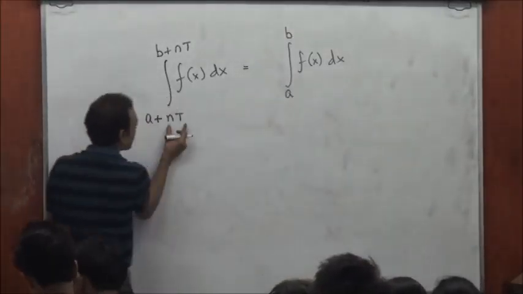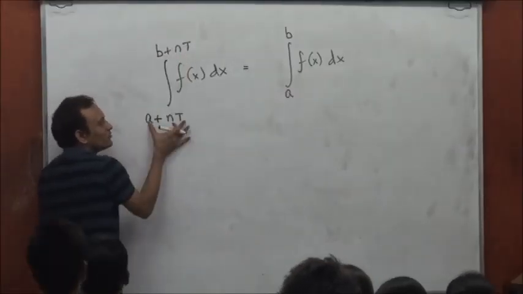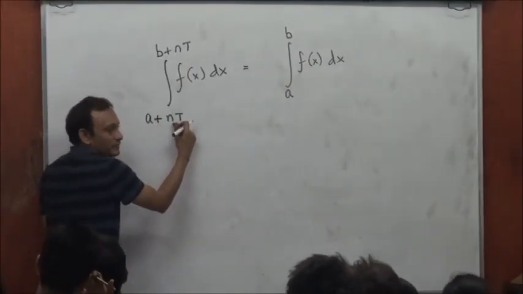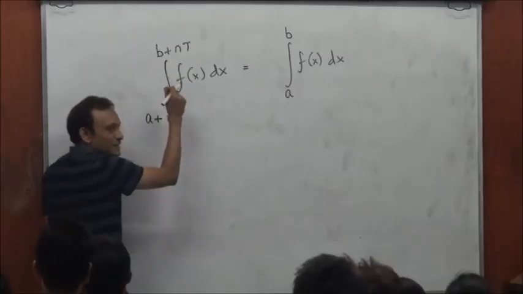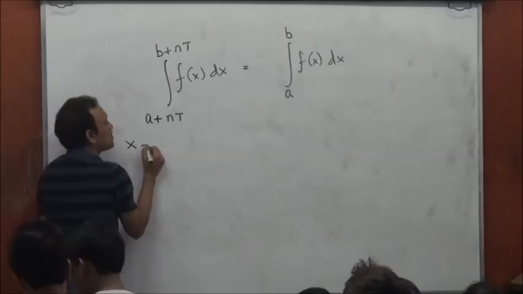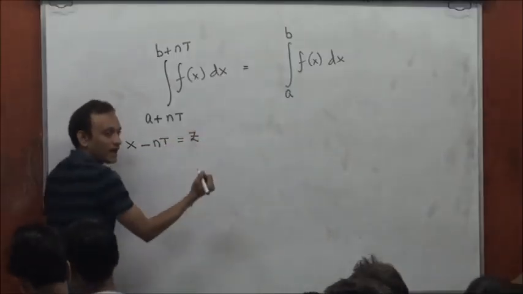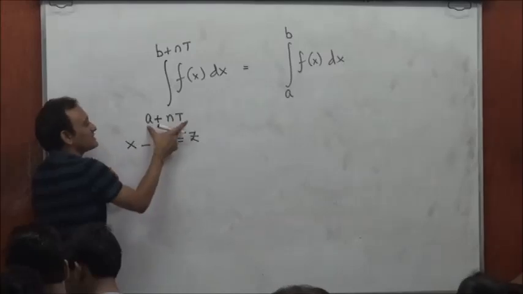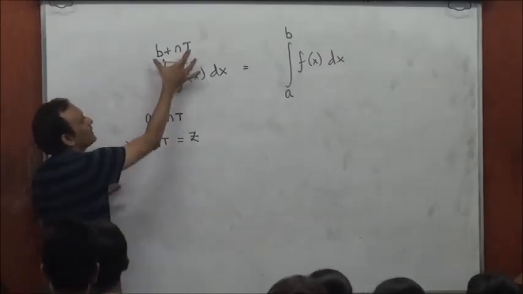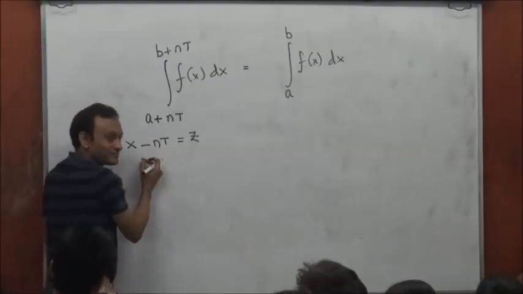What I do is, say I want to eliminate nT here, both from numerator and denominator. So if I subtract nT from these two x's, then nT gets obliterated. So x minus nT, let me take as some z, so that when x is this, z is a. When x is this, z is b. You know what I'm saying?